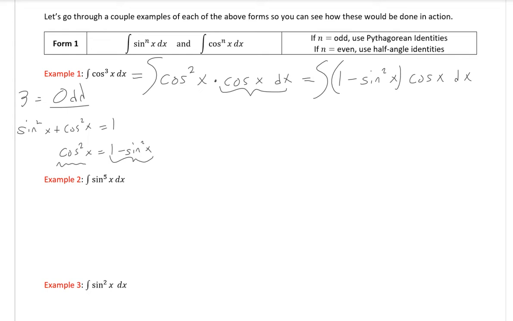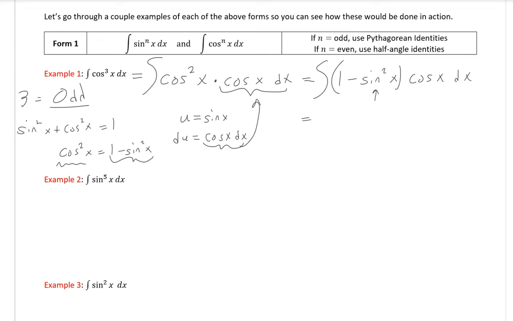Now what I see is that my new function, whatever I replace, that's what I'm going to focus in on as my u substitution. I'm going to say that u is sine of x, and du then is cosine of x dx, the derivative. Notice that cosine of x dx is what I saved right here. That's the whole point. We're trying to save some part for the differential.